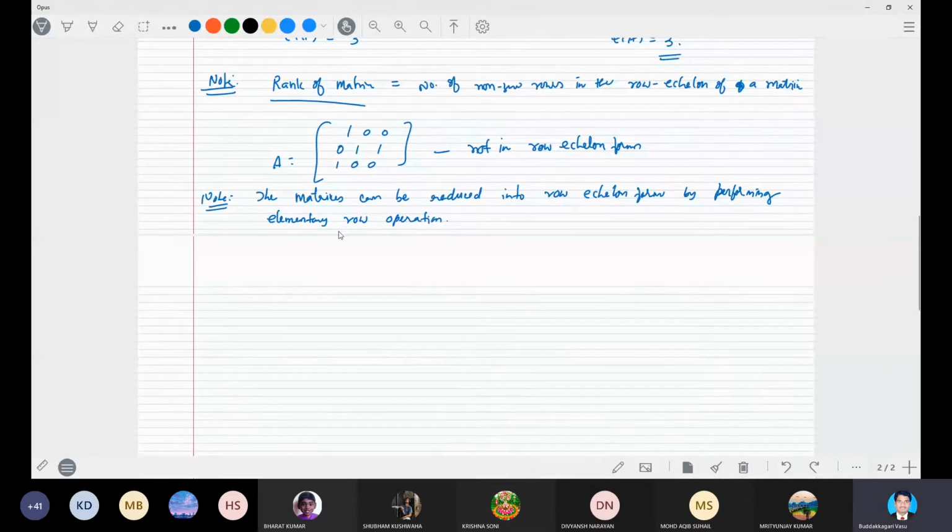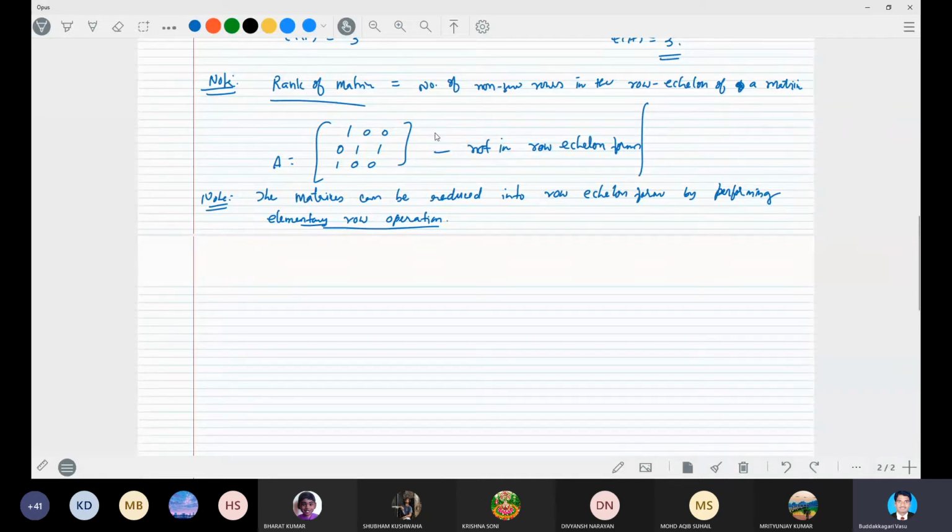I hope you know what row operations mean. So we perform only elementary row operations, and we can reduce them. So this matrix can be reduced into row echelon form. You can write it here.